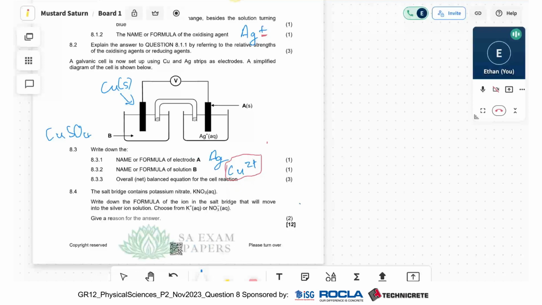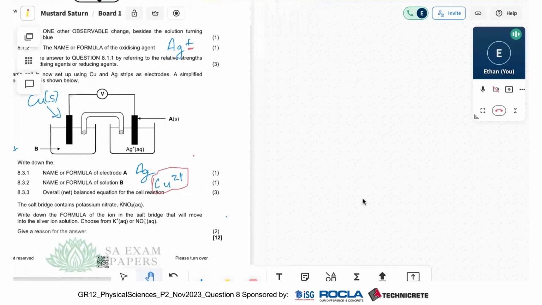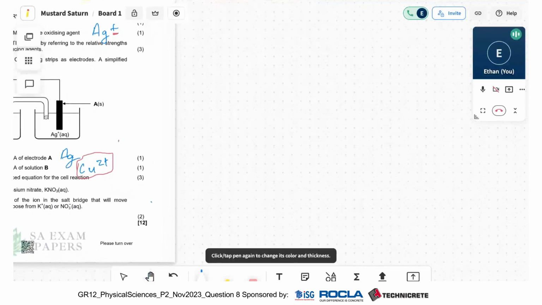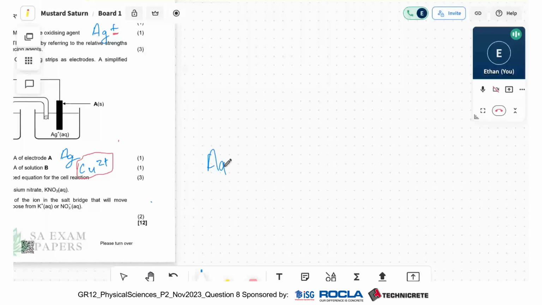Overall net balanced equation for the reaction. So let's write it down. We have silver plus aqueous reacting with copper solid, and this is going to form... We know that the silver oxidizes copper.